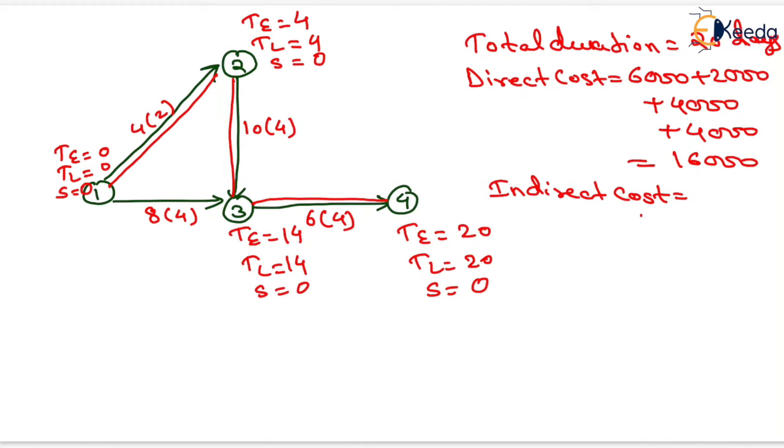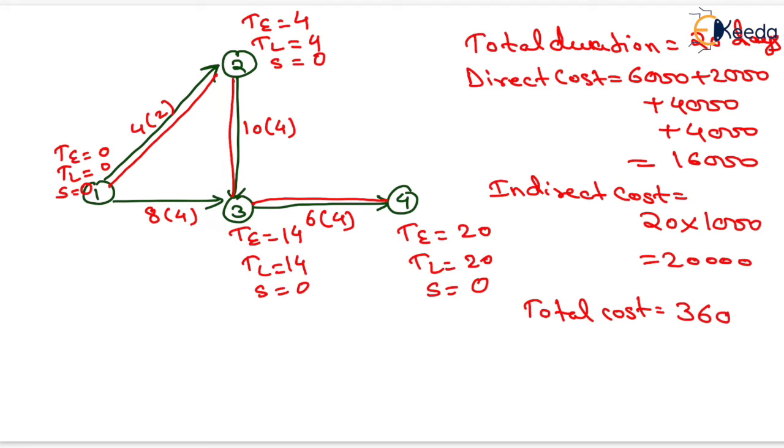Indirect cost will be equals to the total duration into the indirect cost given in the question, that is 1000 per day. So it will be equals to 20,000. Now we have to find the total cost. It will be the sum of direct cost and indirect cost. So 20,000 plus 16,000, it will be equals to 36,000. That is the total cost as per the original condition given in the question.